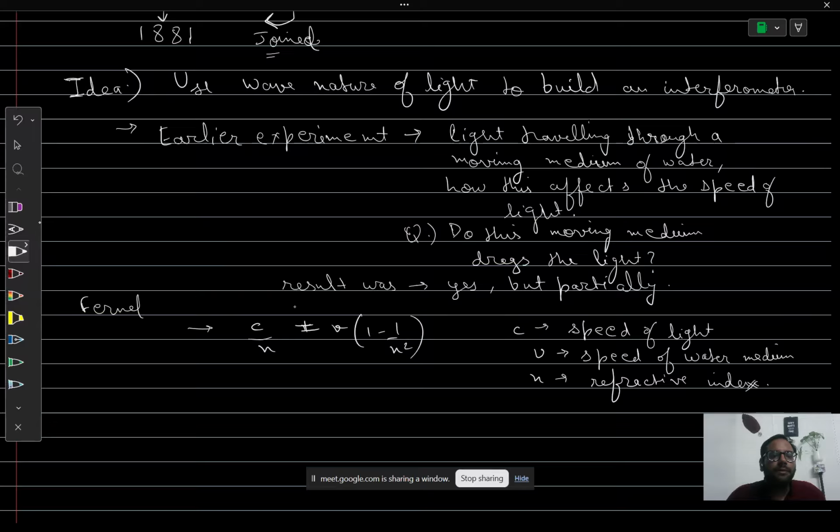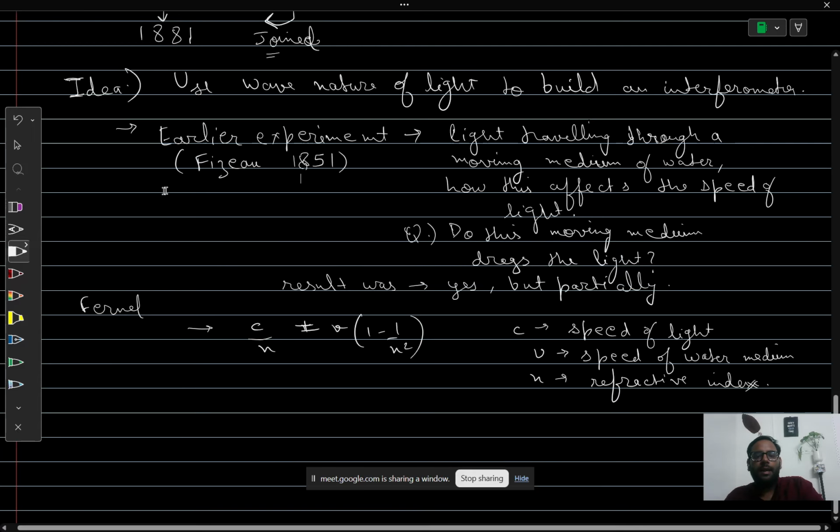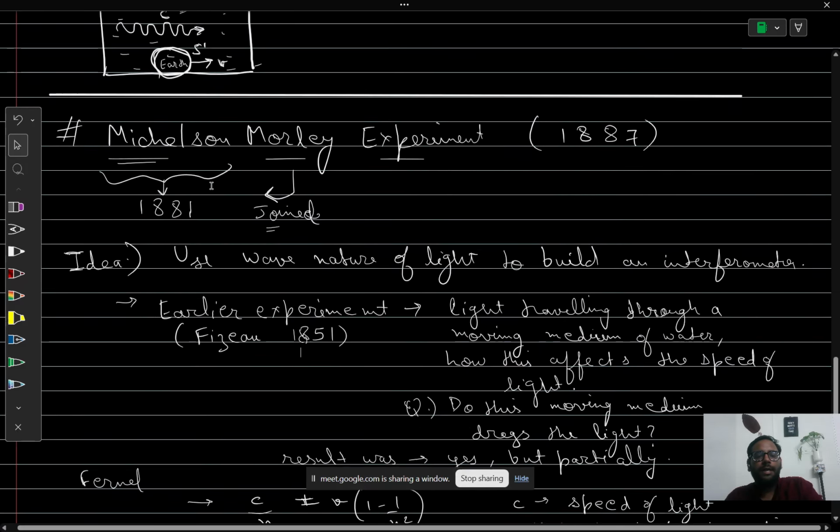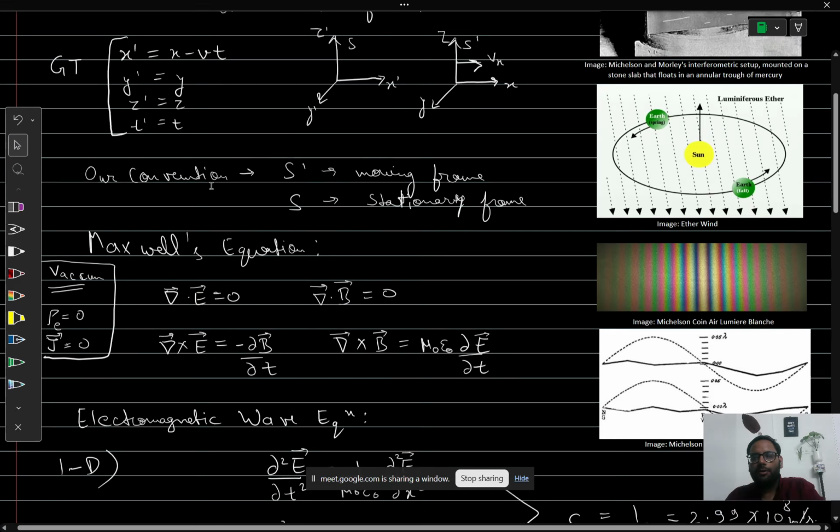This was the basic experiment performed by Fizeau in 1851. Similar to this experiment, we now want to check if the light is dragged by ether or not.